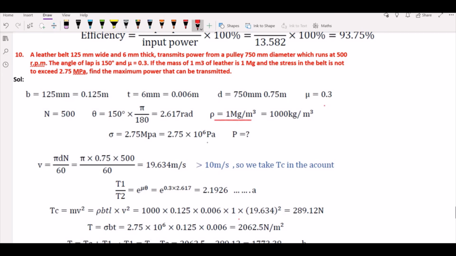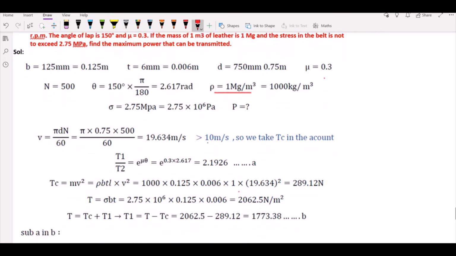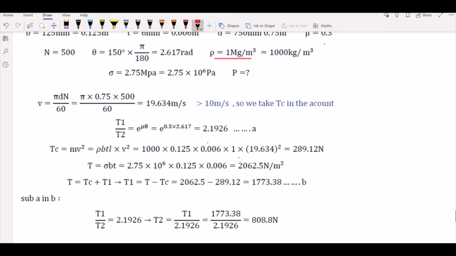So how do we calculate P? As I already told, T1 and T2 are what we need to calculate. Considering the centrifugal tension, Tc is equal to m v square, and you also have a relation in terms of density. The mass is rho into B into T into L, and V square. How did you get this mass?